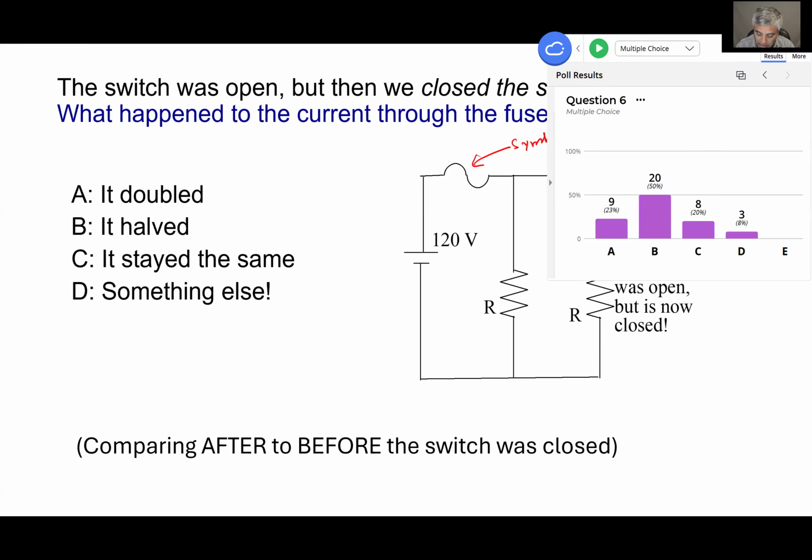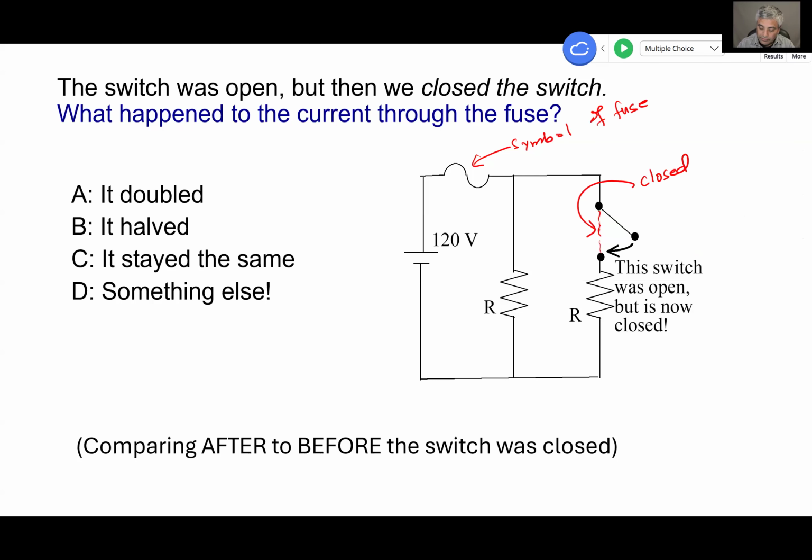So it becomes half, based on many of you. Okay, so how do I do it? Before, it was open. Open means no current flows through this.